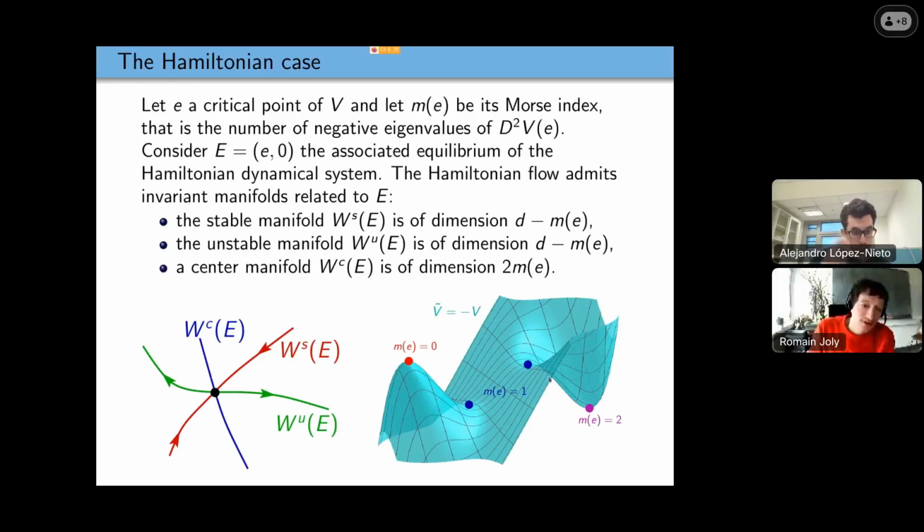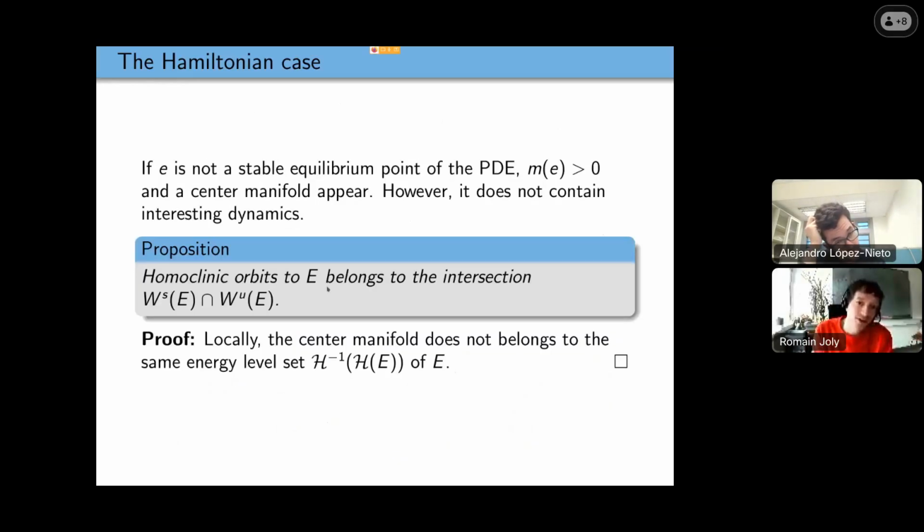Okay, so this is a picture close to some equilibrium point, and what you can show really rigorously, not just from this picture, is that this center manifold has no importance in your dynamics, because this center manifold always just contains locally invariant tori and things like that. And in particular, it does not contain anything which is attracted to your equilibrium point. Okay, so it means that the homoclinic orbits, so the pulses, are just in the intersection of the stable and unstable manifold. It's just the thing you have to consider.